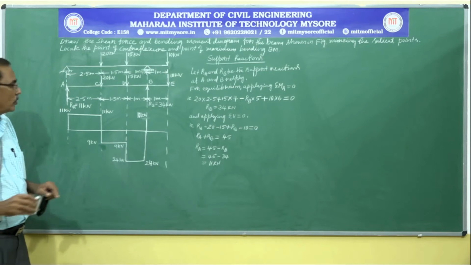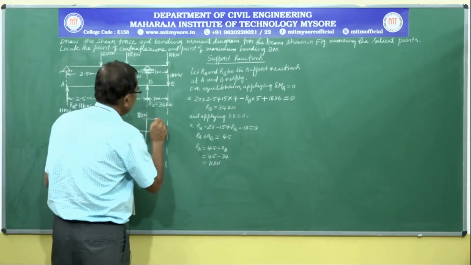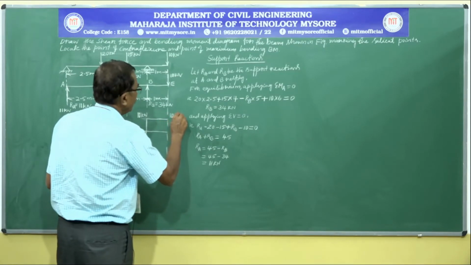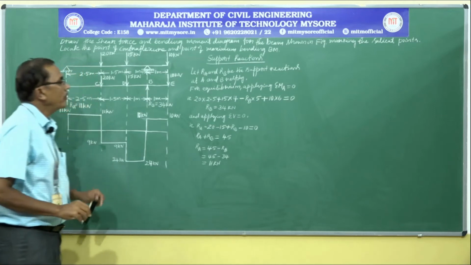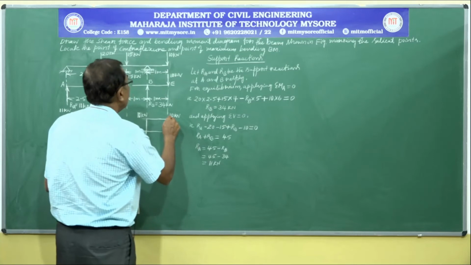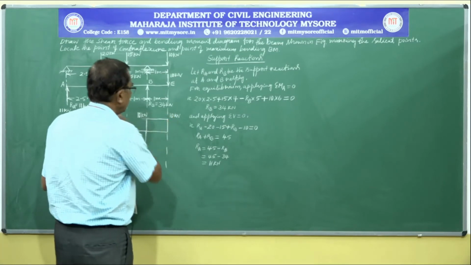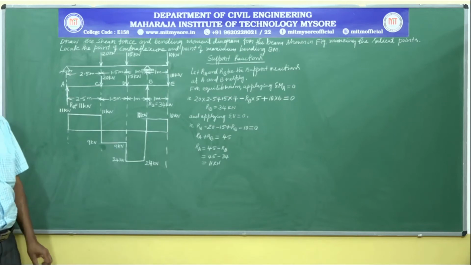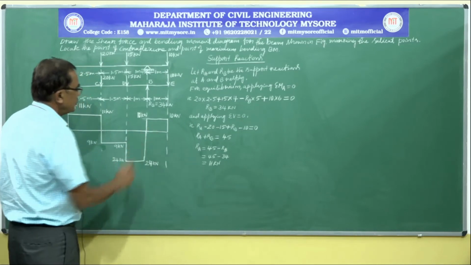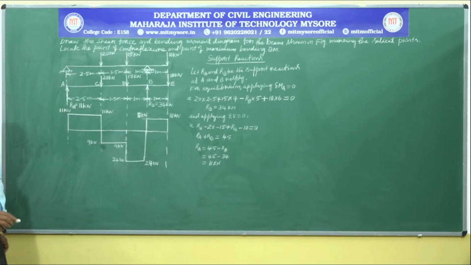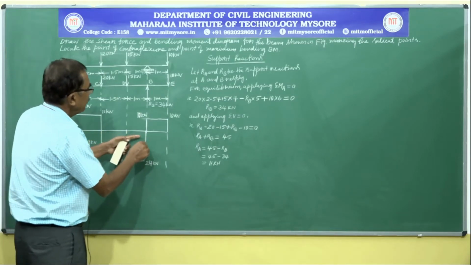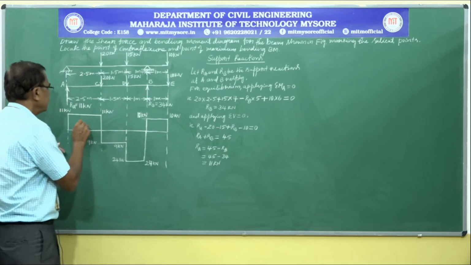Again between B and E no load, it is a horizontal line. Here also it is 10 kilonewton. At point E, there is a point load acting in the downward direction, come down vertically by 10 kilonewton and it will join with the reference line. You can see here the shear force diagram changed its sign from positive to negative at point C and negative to positive at point B, no problem.